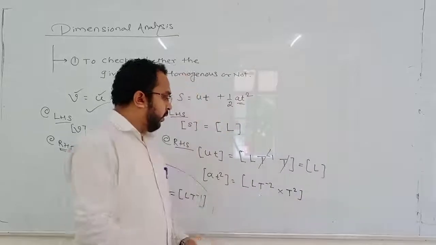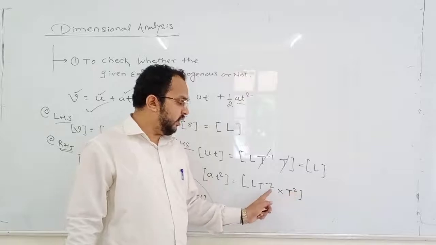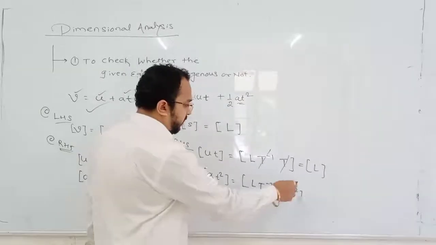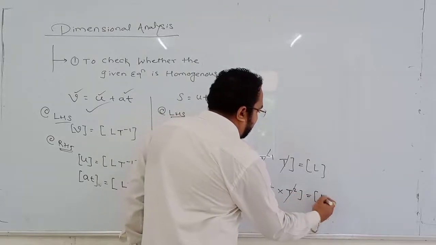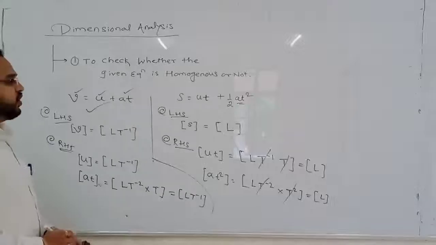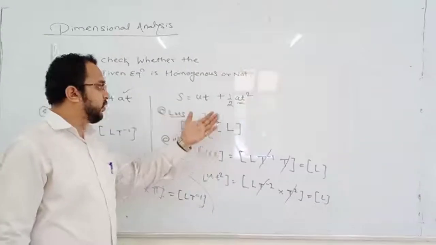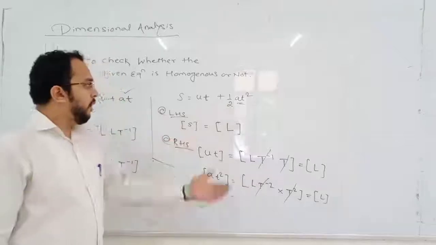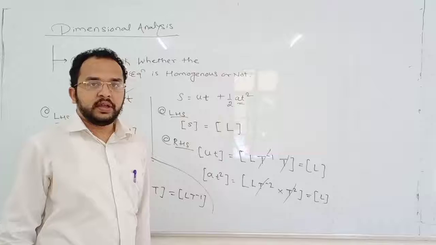Now see here there are two powers, the positive power of t and the negative power of t, both will cancel each other. So we are remaining with only L. What we observe is that the dimensions of each term of LHS are equal to the dimensions of each and every term of RHS. Hence, both the equations are homogeneous.